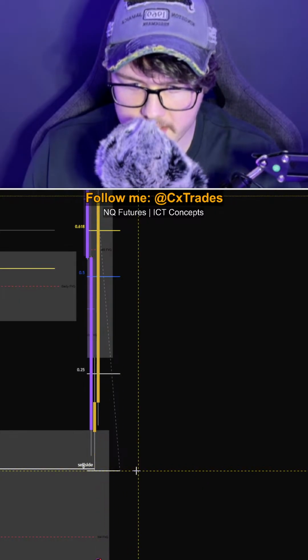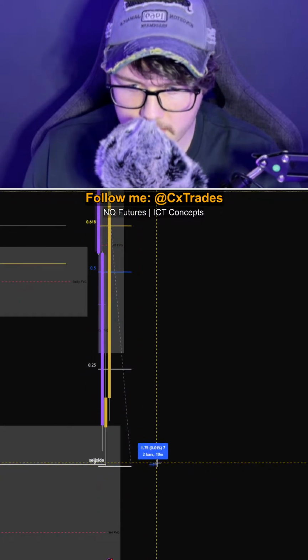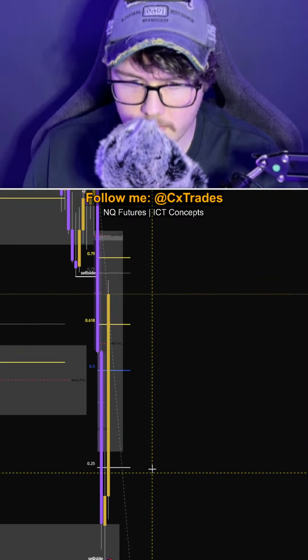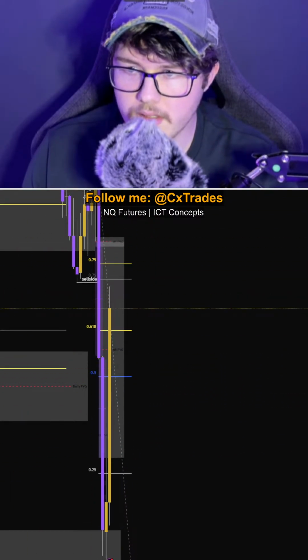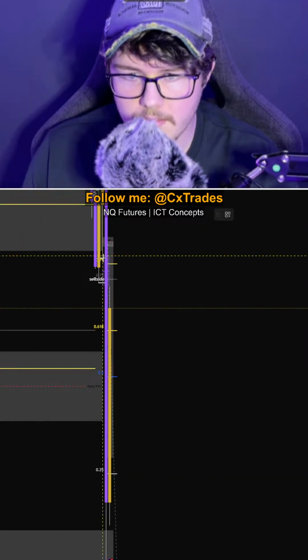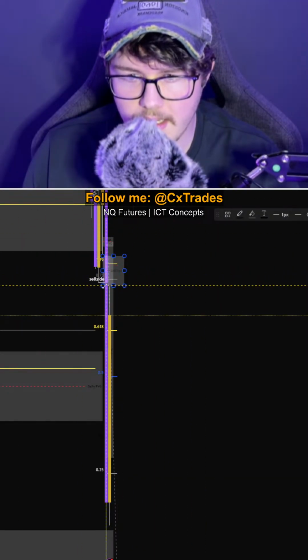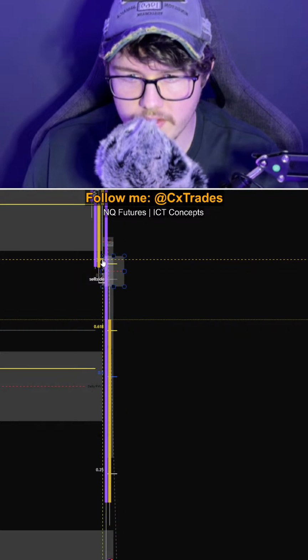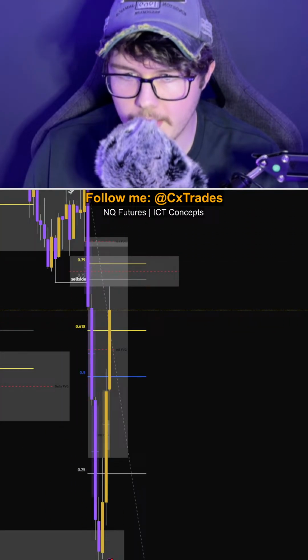Literally like a tick, is it? We'll soon find out if it comes down again. Yeah, literally one tick. Easy work. Anyway, we have left this 50-minute gap. See if price wants to fill this for an immediate rebalance.